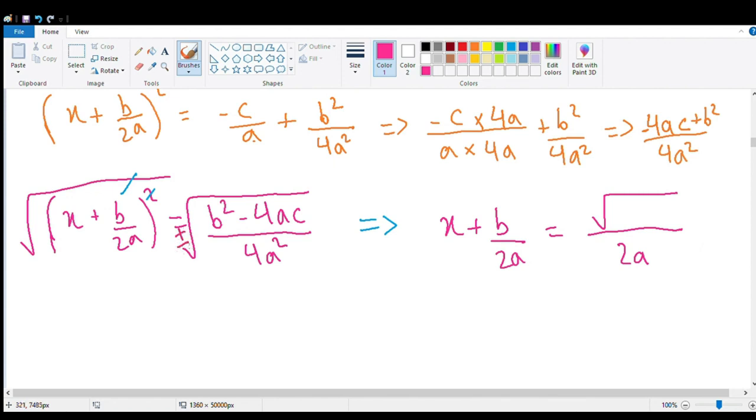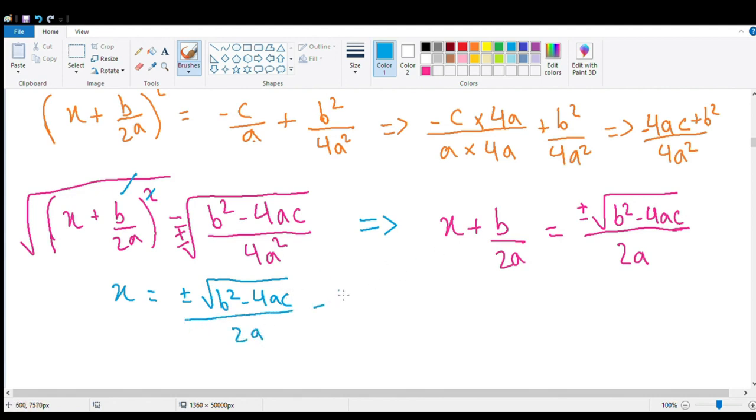And we're just going to put plus minus, by the way, I explained why. So plus minus, and then b squared minus 4ac still inside. So now we're just going to send this plus b over 2a to the other side, so it's going to be x equal to plus minus square root of b squared minus 4ac over 2a.